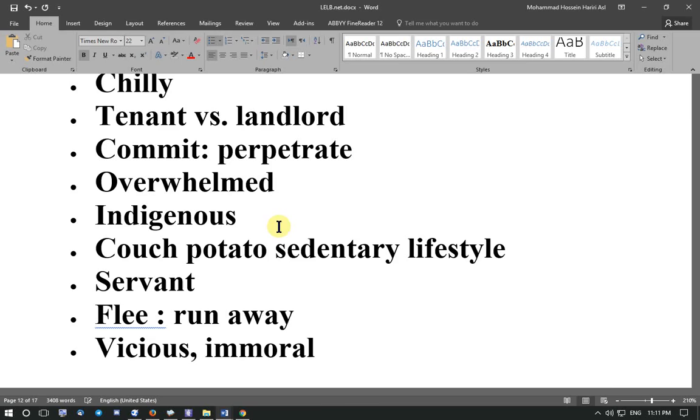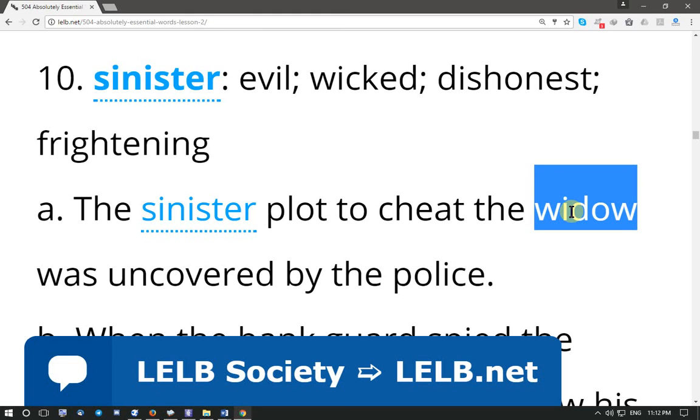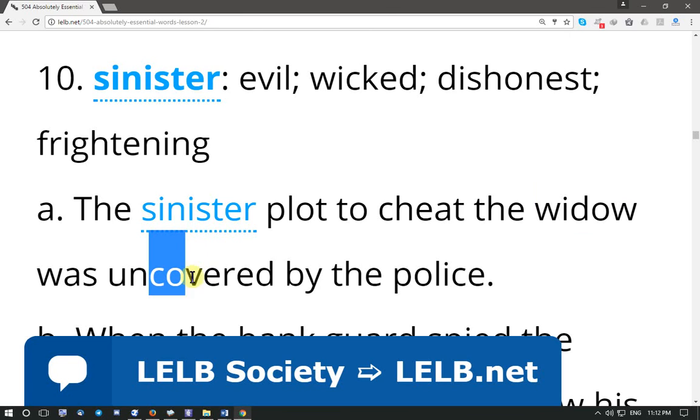Plot means trick, deception or deceitfulness, a plan to do something unpleasant, to cheat the widow, a woman whose husband has died, was uncovered or discovered or found or find out by the police.